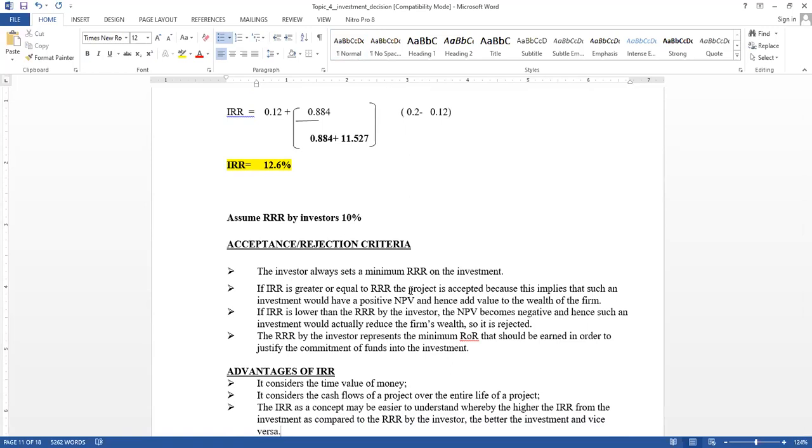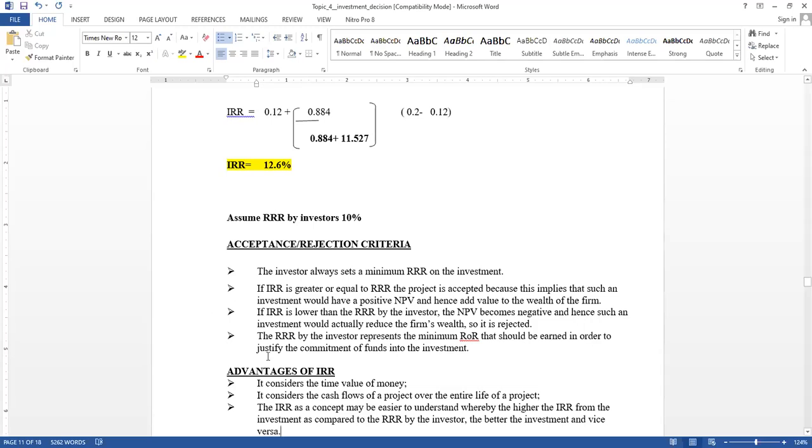But if the IRR is lower than the RRR by the investor, the NPV would be negative. Such an investment would reduce the firm's worth. So in that case, you need to reject.